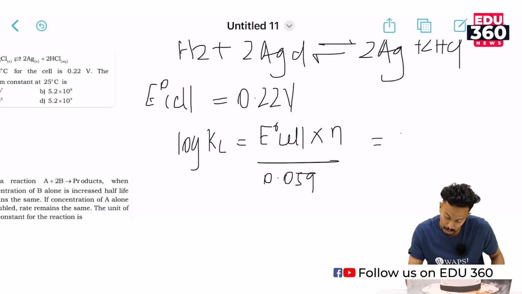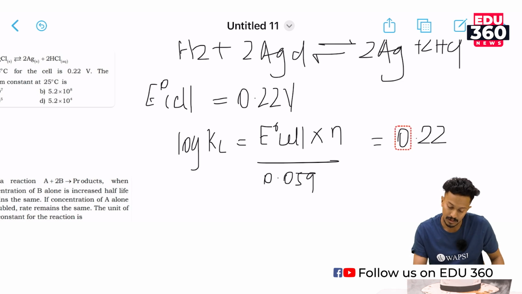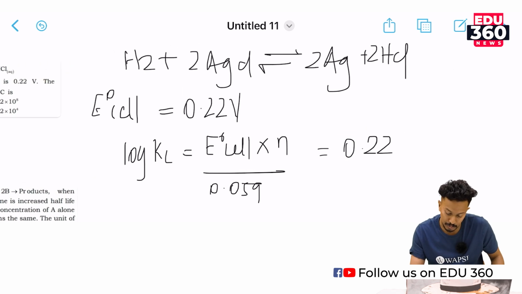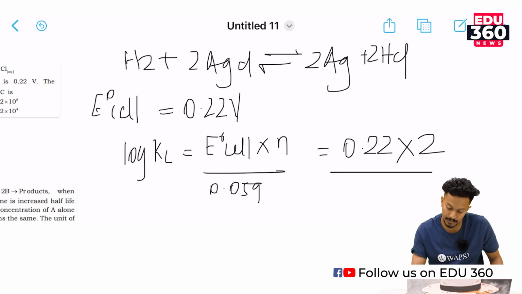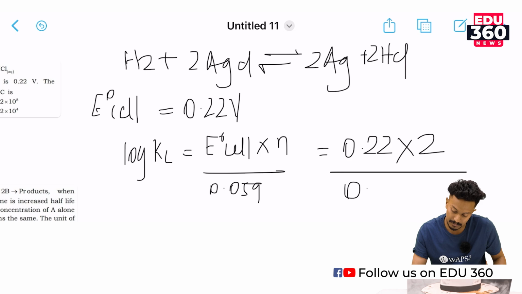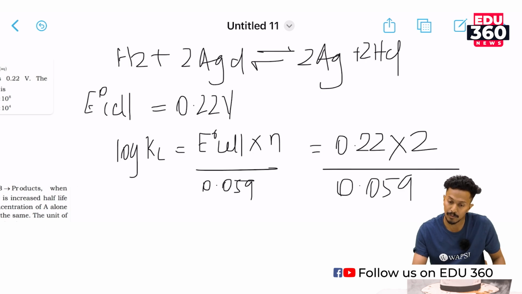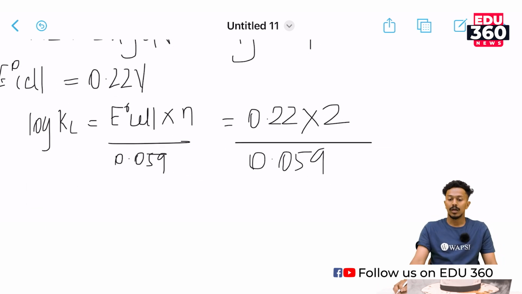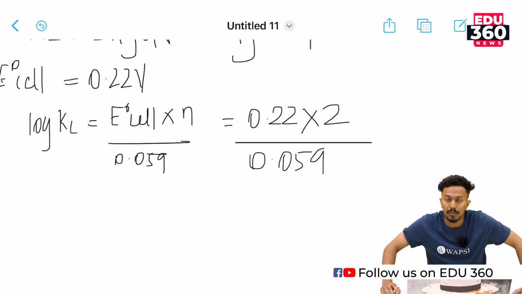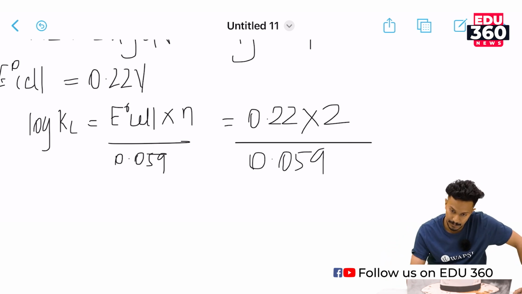E0 cell is 0.22, and 0.22 into the number of moles, which is 2, there are 2 moles, divided by 0.059. 0.44 divided by 0.059 gives 7.45.